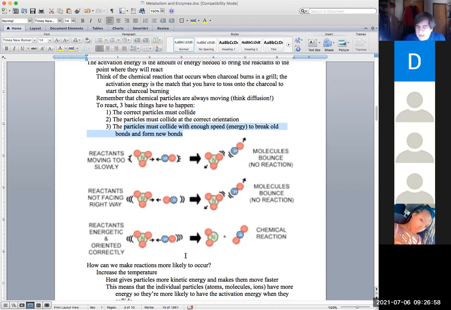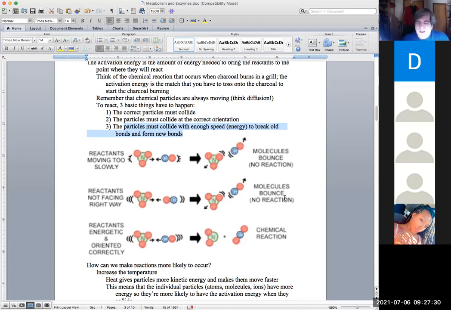Then we get a reaction. So notice in this third case, we get a reaction at the end. Nitrogen only has 2 O's bonded to it. The carbon has 2. Carbon started out with 1, nitrogen started out with 3. So we've got to have the correct particles collide, at the correct orientation, and with enough energy to break the old bonds and make new bonds.